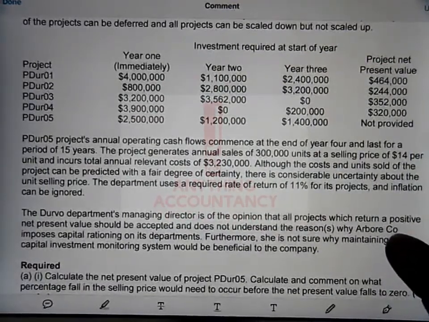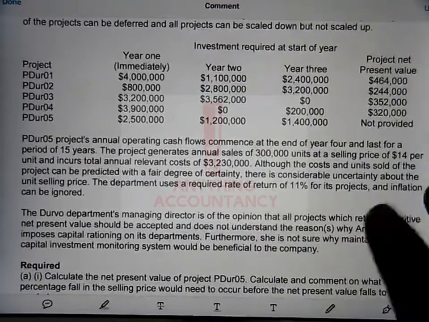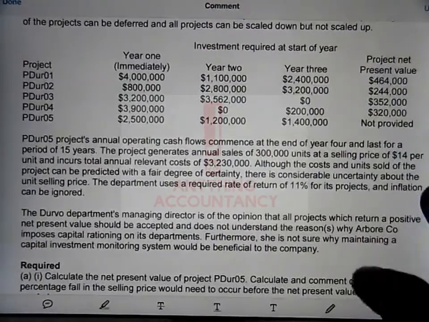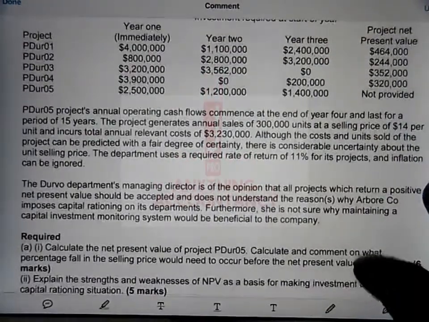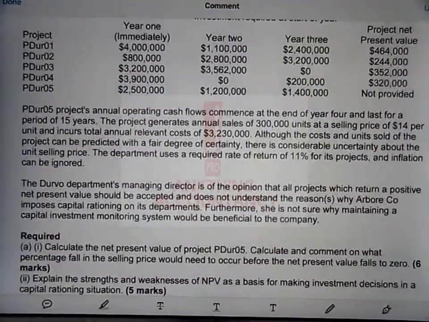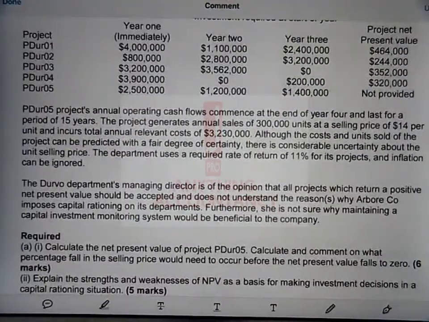Do you know what to do? It's a simple NPV calculation. First part is just calculate NPV only. 6 marks is supposed to be very easy to get, the first 6 marks.